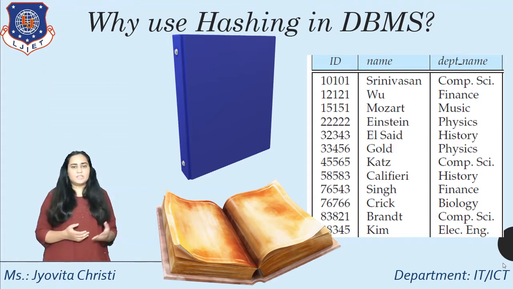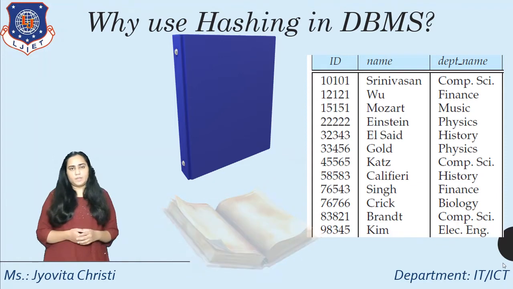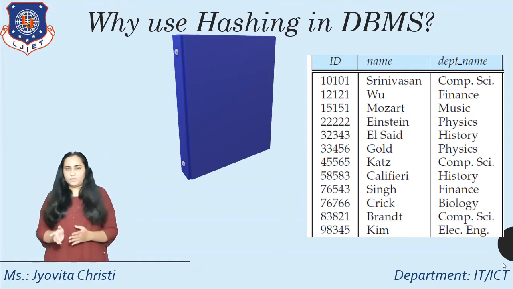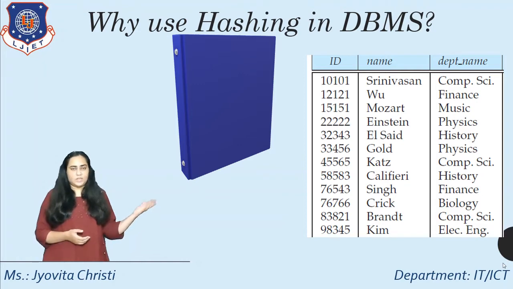As you can see on your screen, there's a table that contains details about instructors. If you are looking for some instructor using the ID of the instructor, then you can search the index directly. There's always an index created on the primary key of the table, and obviously ID would be the primary key of this type of table.